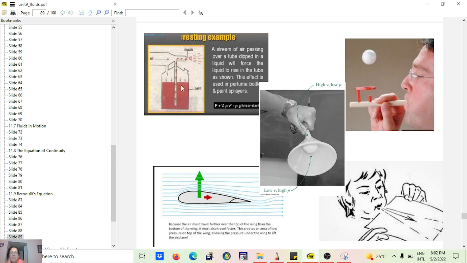Here what's going to happen is the air pressure here is pushing the liquid. Here you have low pressure and you have high pressure there. So high pressure from the atmosphere and low pressure when it's moving fast.